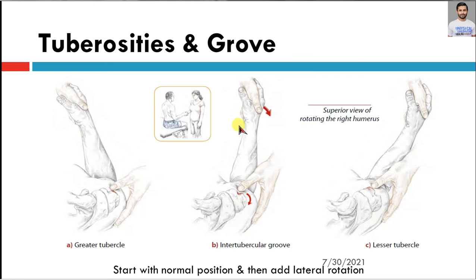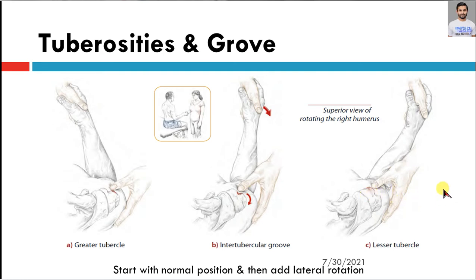Here you can see that the therapist is performing external and internal rotation, keeping the thumb at a particular point, and you can see over here the greater tubercle or tuberosity, the intertubercular groove, there is a depression, and in this groove lies the long head of the bicep and then the lesser tubercle.